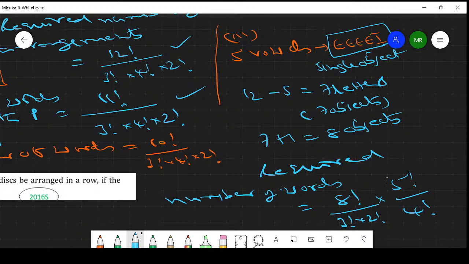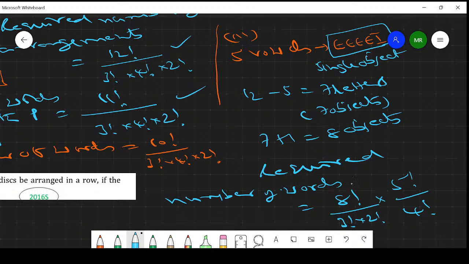I will repeat here, the required number of words in the third case. First, the total 5 vowels they are asking to occur together, make it one single object. Now we have 12 letters, subtract these 5 vowels, 7 consonants remain. Consider 7 objects, 7 plus 1, 8 objects.